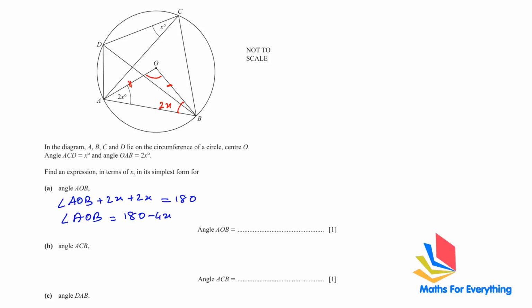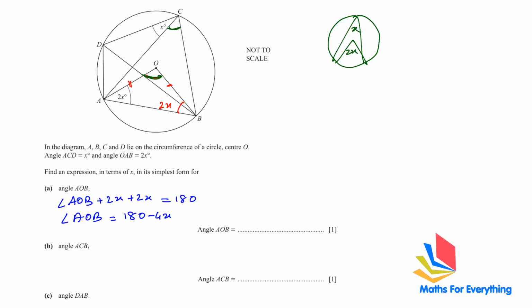Next, find angle ACB. ACB is this. Also, we know that this angle is 2 times this angle. So if suppose you have this as 2x, this will be x.